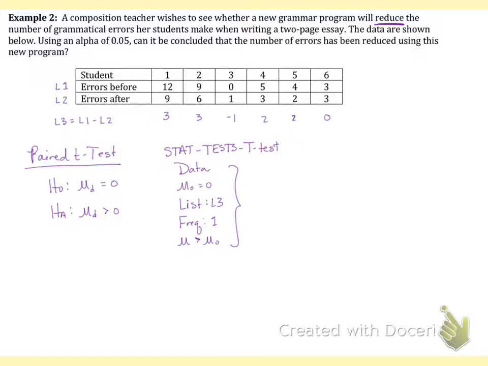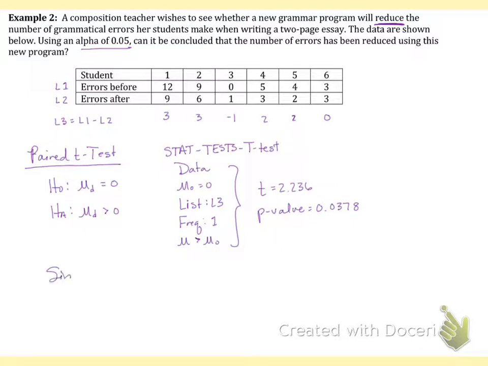we get a test statistic of t equal to 2.236 and a p-value equal to 0.0378. So when we compare our p-value to the alpha level of 0.05, it is less than that.